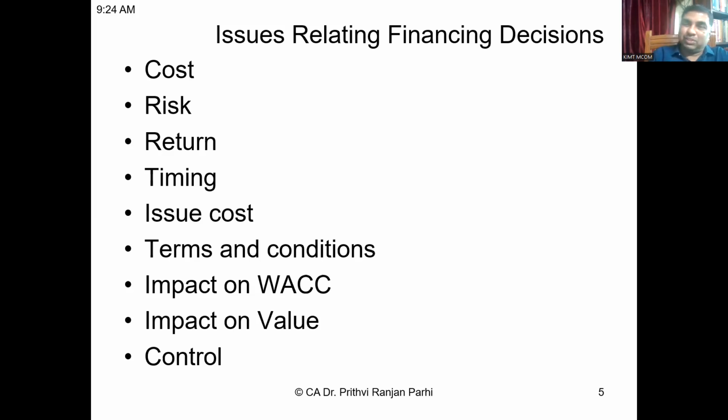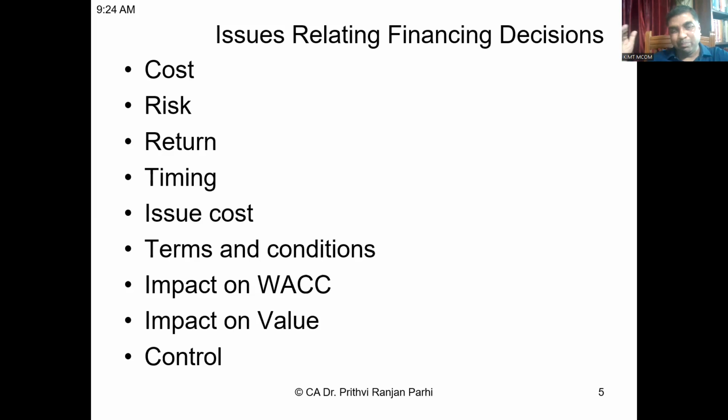There is an issue cost, compliance cost. You have to comply with certain legal formalities. If it is a listed company, there is a totally different mechanism to issue shares. You have to print prospectus, you have to print share application form, you have to appoint merchant bankers. So these are the issue costs that have to be taken into consideration.